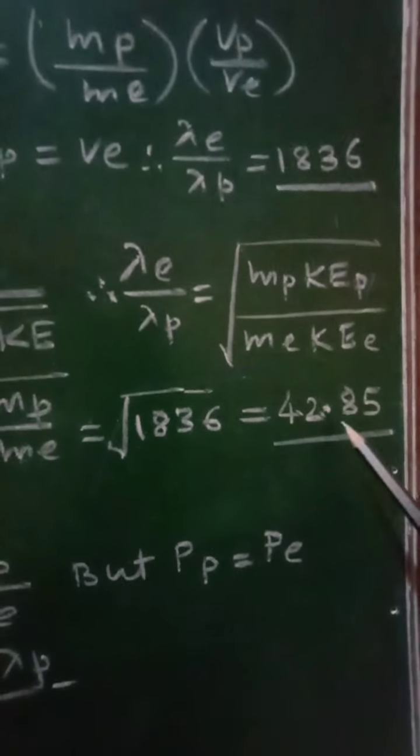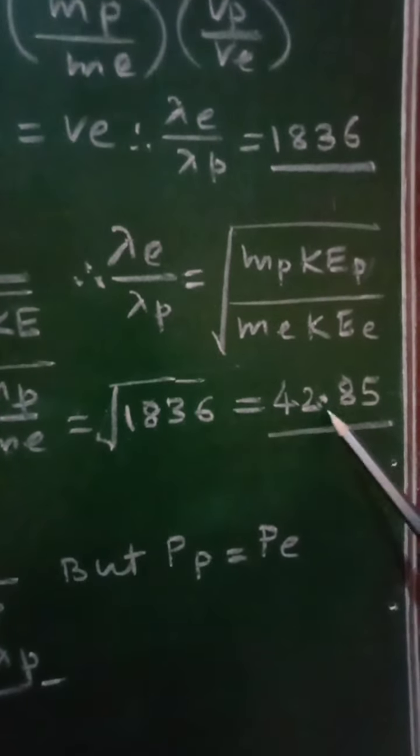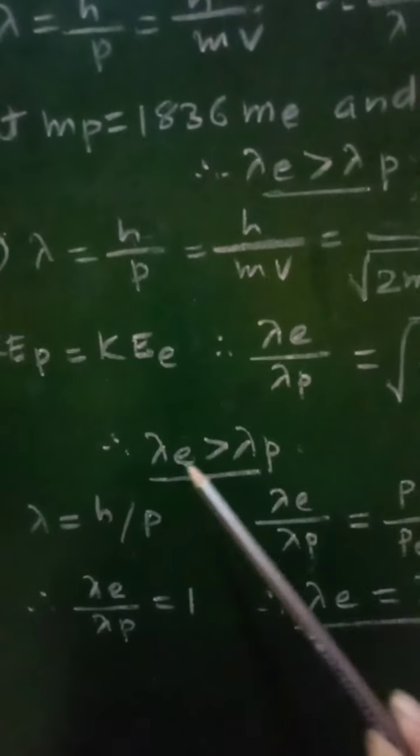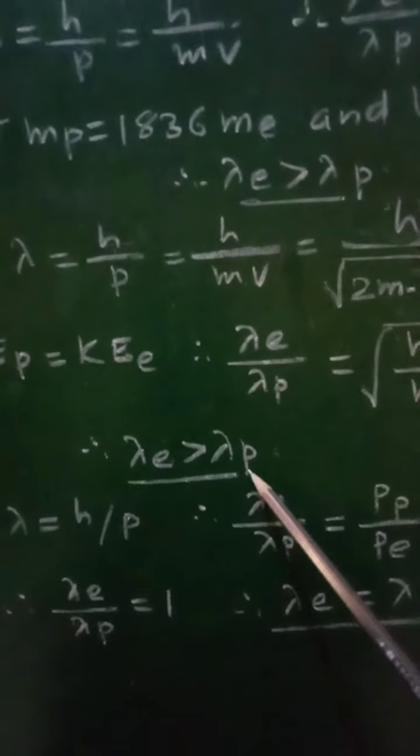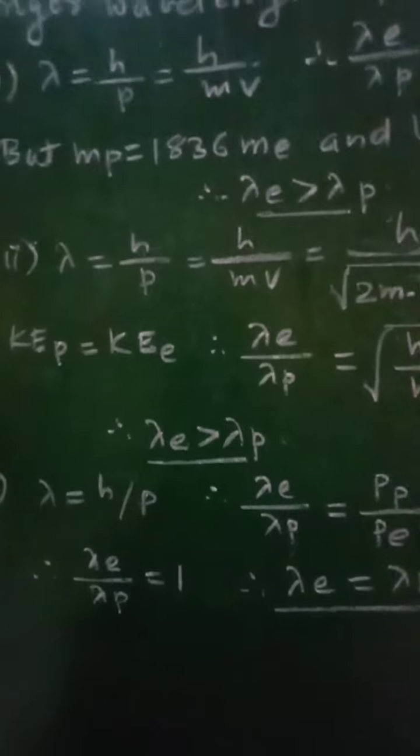So in this case we can say that lambda e is equal to 42.85 times lambda p, and therefore again lambda e will be greater than lambda p in the second case.